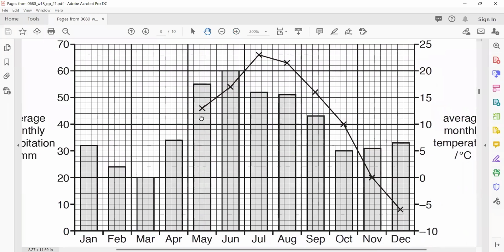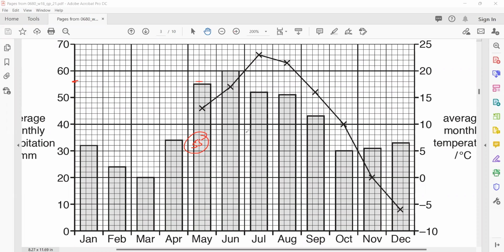Now see. In May, how much? It is 56, it should be here, exactly on that. Oh, sir, it's 55. Good, this is 55. May is 55.